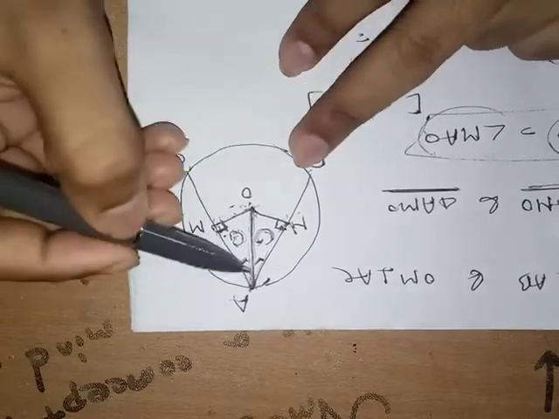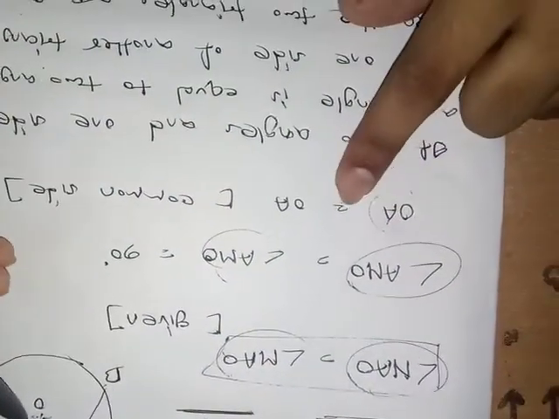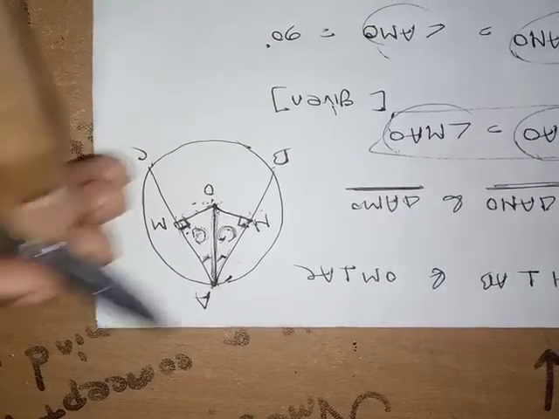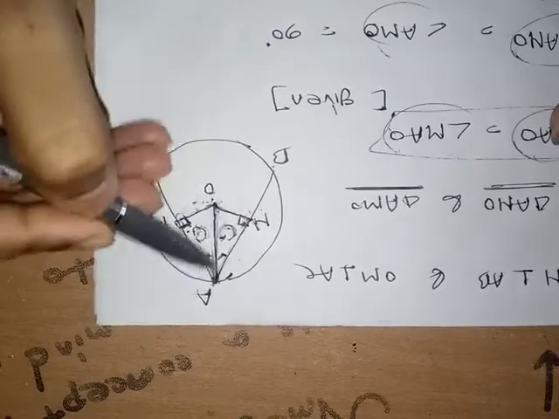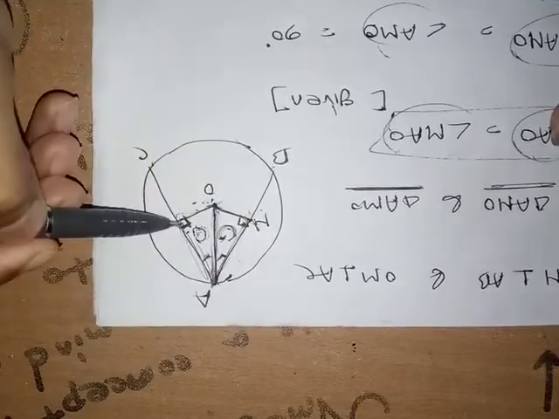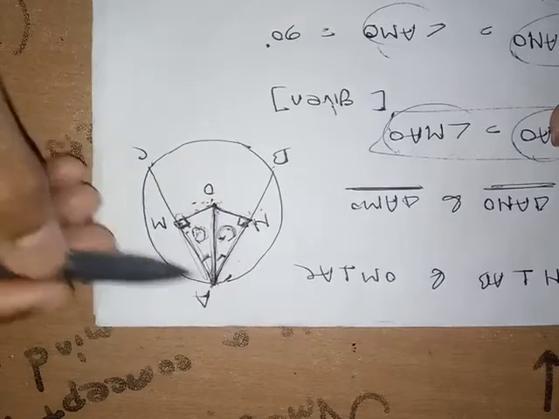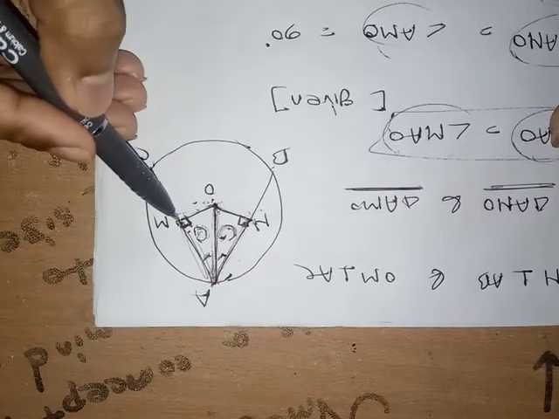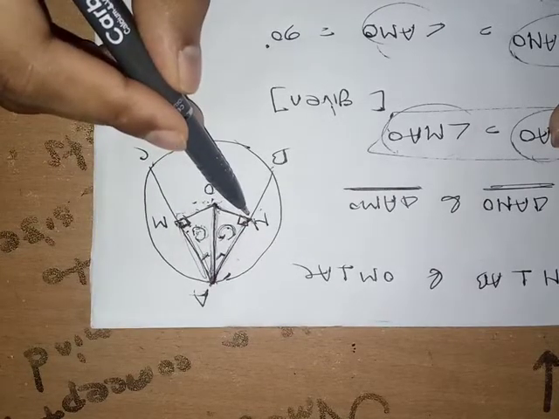So we have already shown that this angle is equal, and OA is the common side, and we are left with another two sides. We can say this side AN is equal to this side AM, and OM is equal to ON. Why?